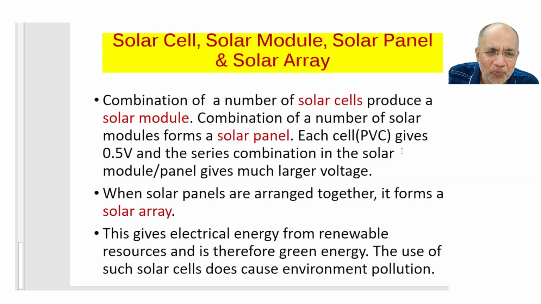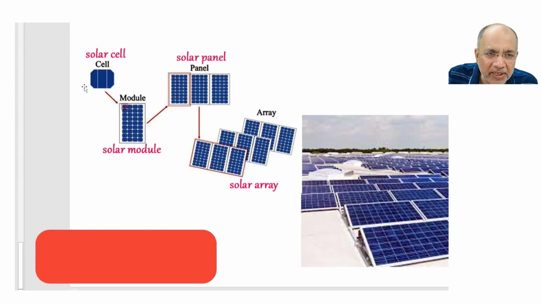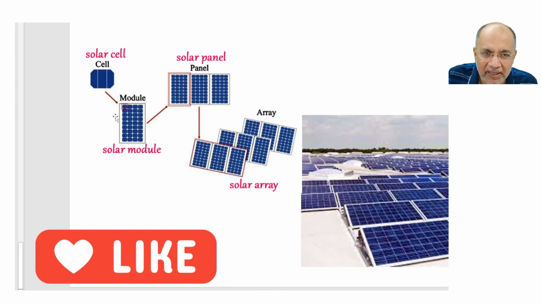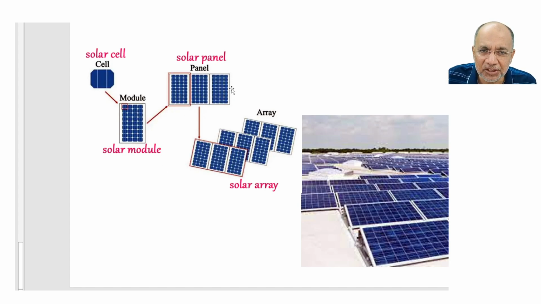And solar panel is a combination. This is an individual solar cell, and a series and parallel combination of several solar cells gives a solar module, and connection between several modules gives a solar panel. So this is a solar panel, this is a solar module, and in this solar module you have several solar cells, and in the area you find several panels are arranged in a systematic manner.